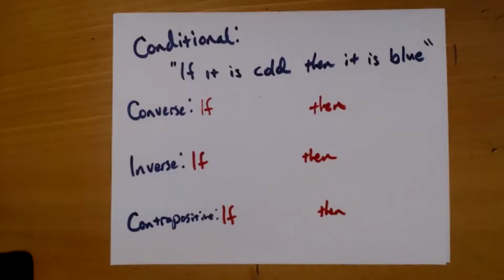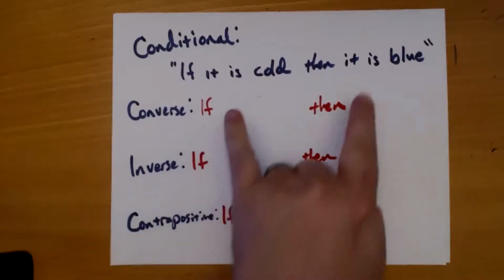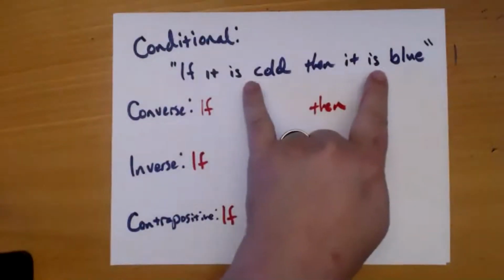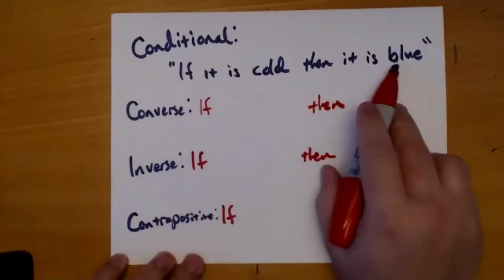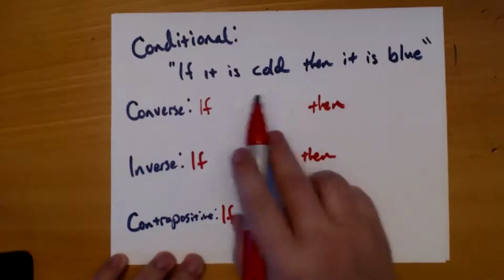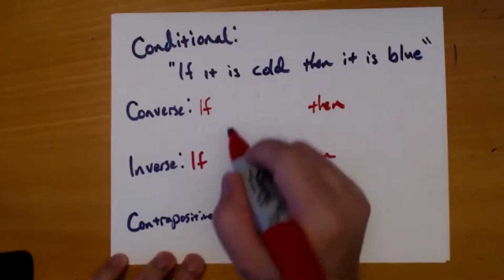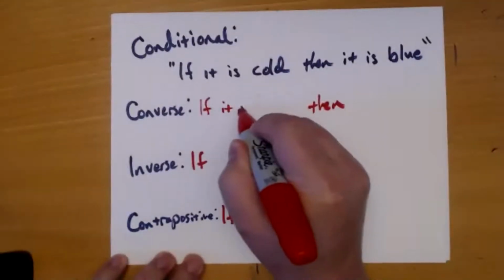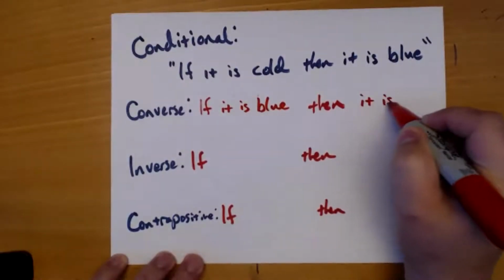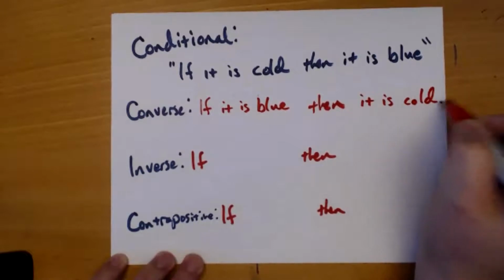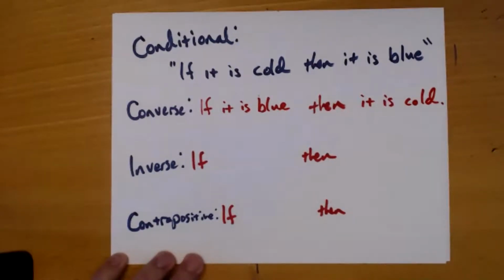All right. Okay, so in the converse, you take your pieces and you switch them. So if it is blue, then it is cold. Can somebody give me the inverse?